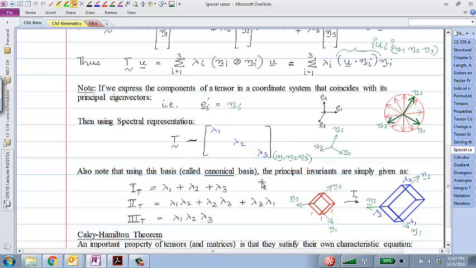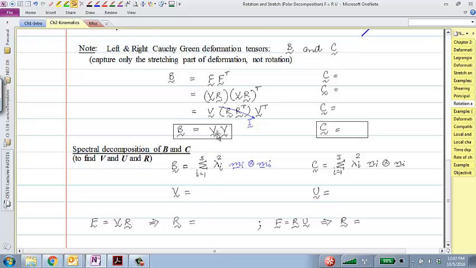Just the squares of the diagonals, which means that the eigenvalues of V squared would just be the square of the eigenvalues of V. So we can write this as the sum of i going from 1 to 3 of lambda i squared times the same eigenvectors m_i dyad m_i, and the same thing on the right hand side deformation as well.